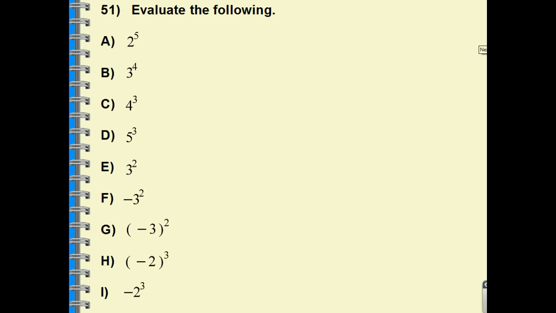Evaluate or solve the following. We have 2 to the 5th power. I'm not going to do this for all of them, but that means 2 with a product line, 5 of them, and multiply that all out. You should have 32.